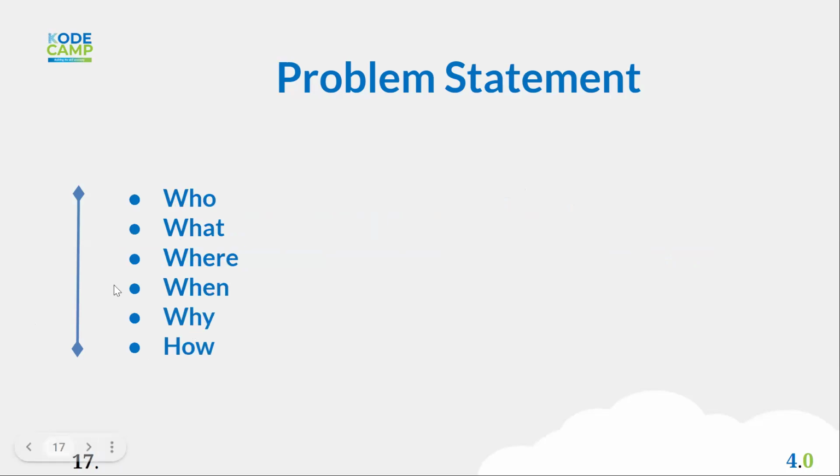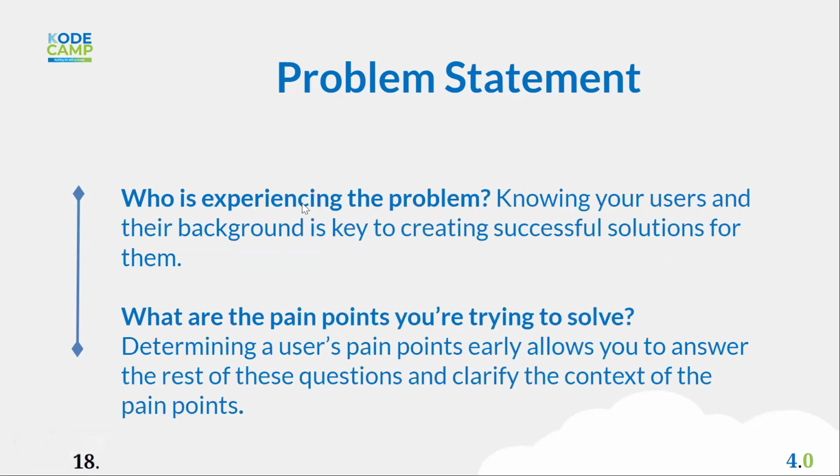So these 5 W's and H. Who is experiencing the problem? Knowing your users and their background is key to creating a successful solution for them. What are the pain points you are trying to solve? Determining your users' pain points early allows you to answer the rest of these questions and clarify the context of the pain points.